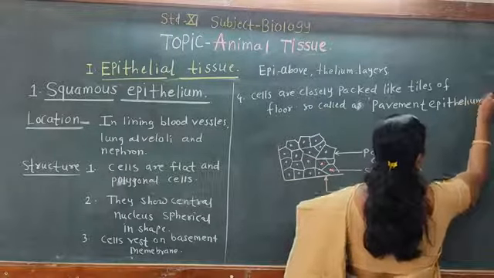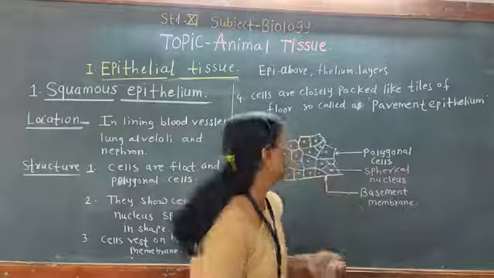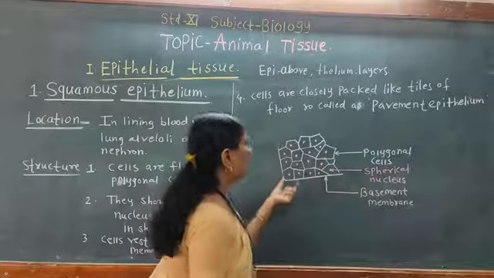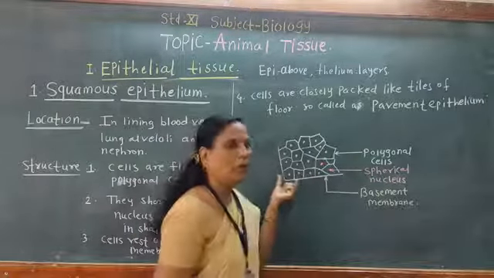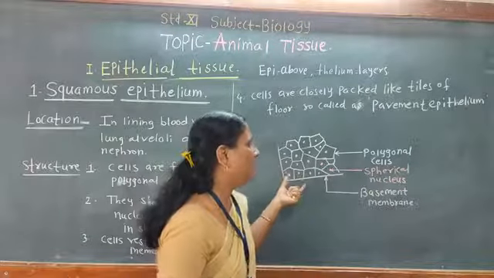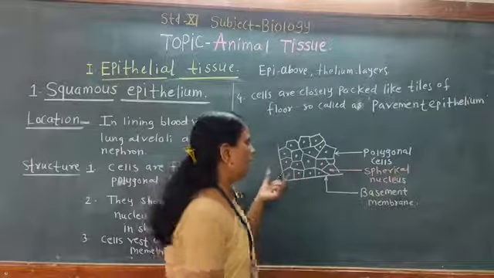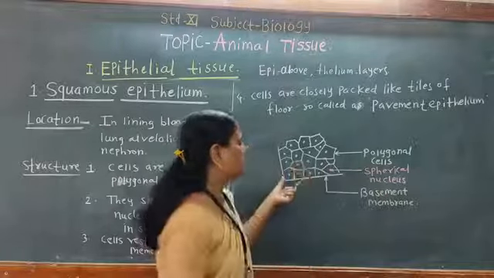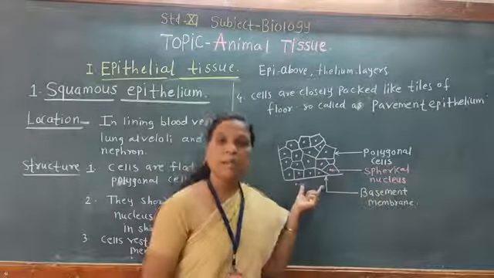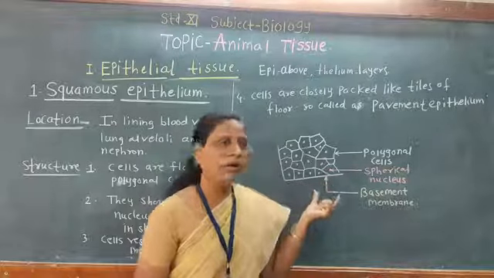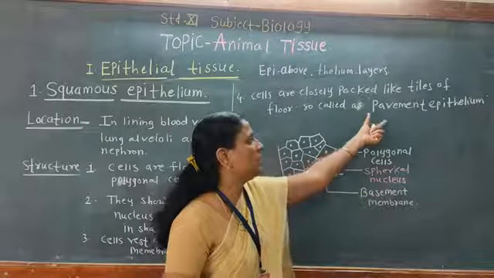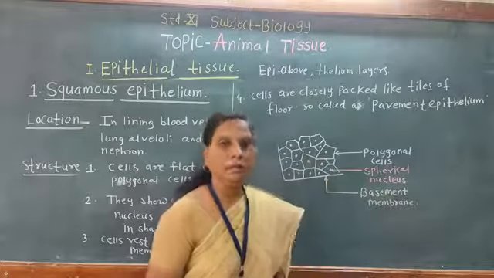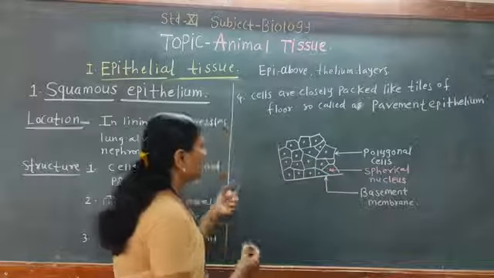So this is about the structure. See the structure again. These cells are closely packed. They are polygonal, thin, flat, and they show central spherical nucleus. They rest on basement membrane and they are closely packed like the tiles of floor. So this epithelium is called pavement epithelium. So this is the structure.